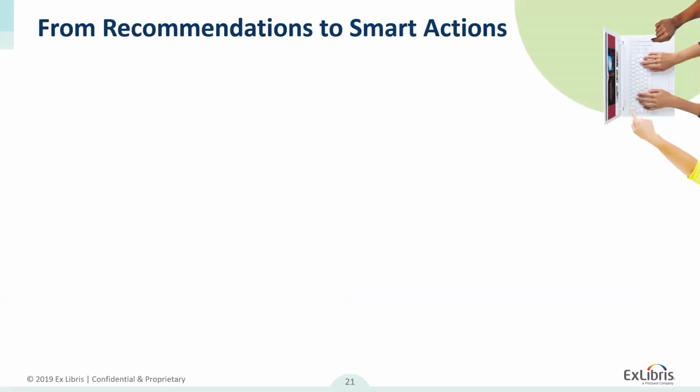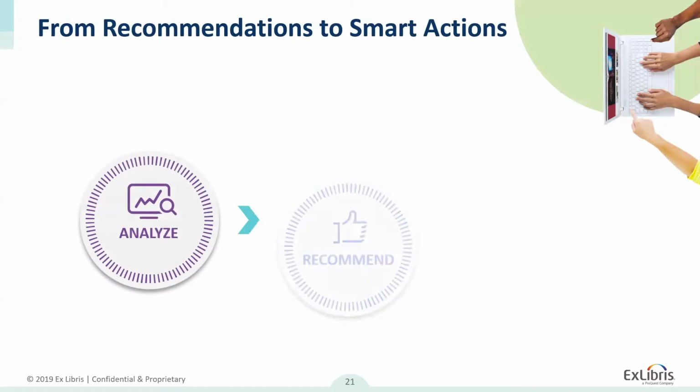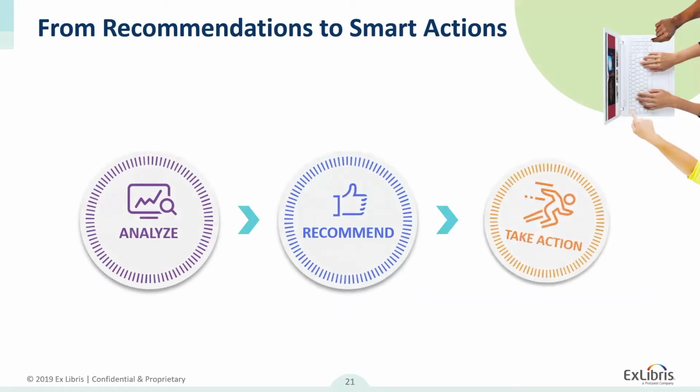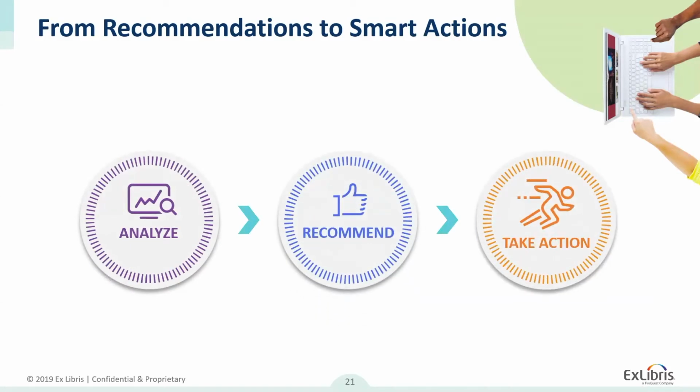But it's not enough just to recommend, because as I said before, you can run the analytics and you can run the reports and you can come up with these recommendations yourself. Our goal is to make it as easy as possible to implement them in order to encourage our institutions to implement those recommendations. So we want to analyze the data that we have. We want to recommend actions which will increase efficiencies or make better use of the system.